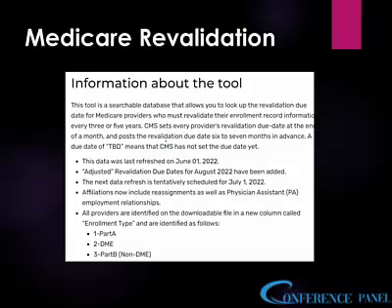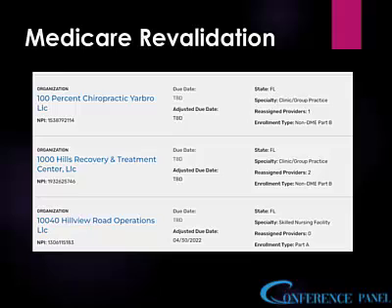If it's not, then it'll just say TBD, which means you're not up for revalidation yet. And then when you actually search it, you'll see these dates. So like these are organizational NPIs that are checked. So this organization does not have a revalidation due date. You can see where it says TBD, so you're good to go. And you can also see the enrollment type.